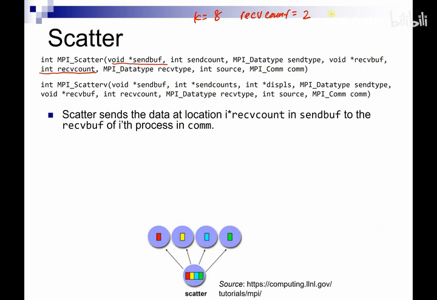That means I have to be sending out 2 times 8, which is 16 values, so my send buffer has 16 values, and all of the other processes have a receive buffer of size 2. The data is coming out of a source; the non-source processes will be receiving, and the source will be sending.